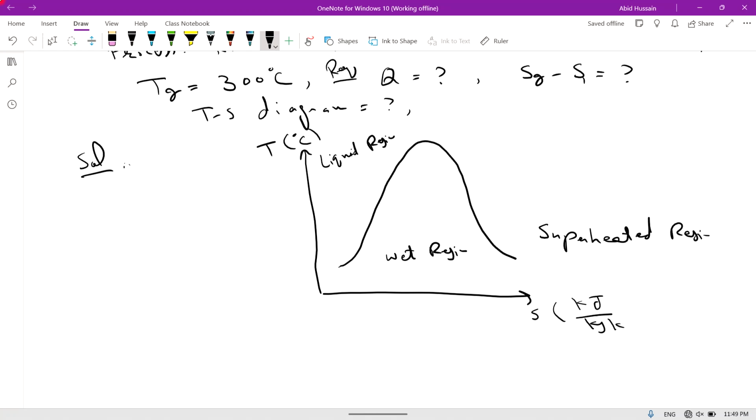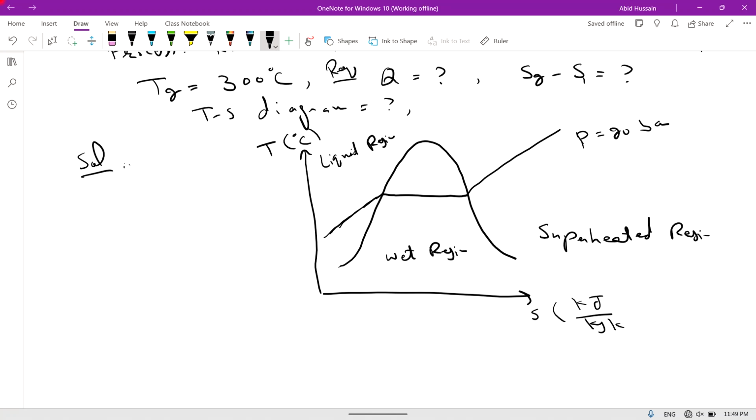A constant pressure process on the TS diagram looks like this. In the wet region the constant pressure line is a straight line, and in the superheated region it is like this. Over this line the pressure is constant and equal to 20 bar in this problem.